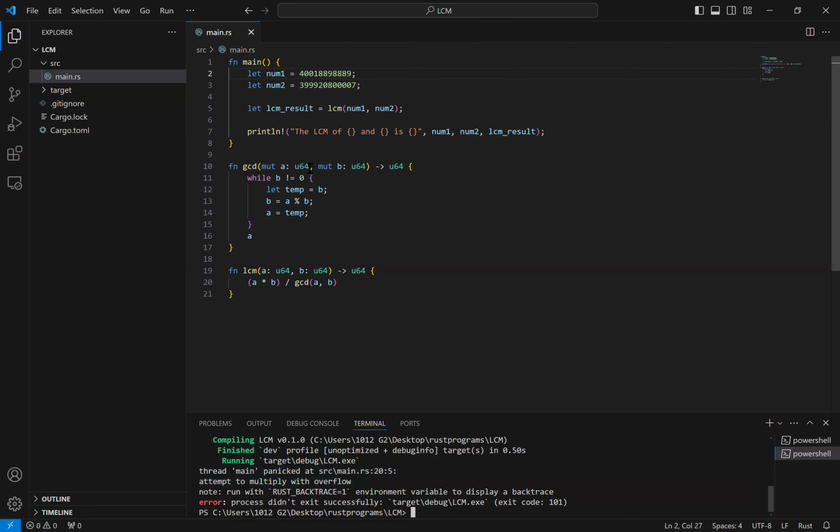Let's see. What if we change this to 128? Let's just change it and see if it can give us some result.